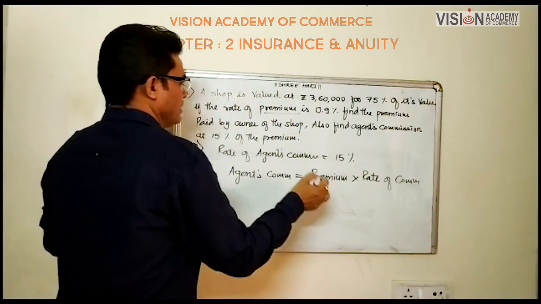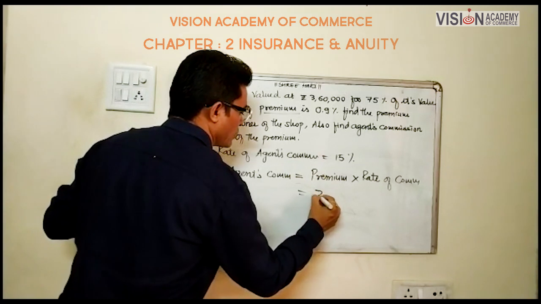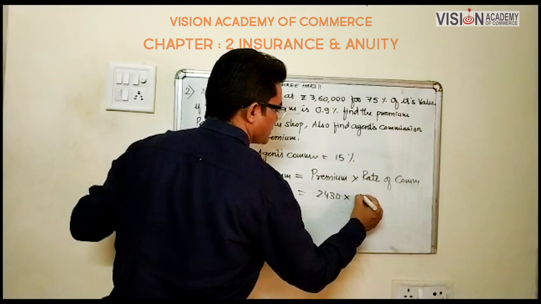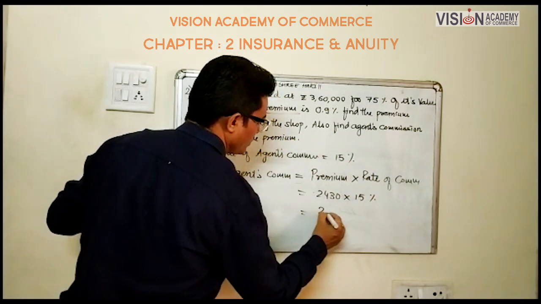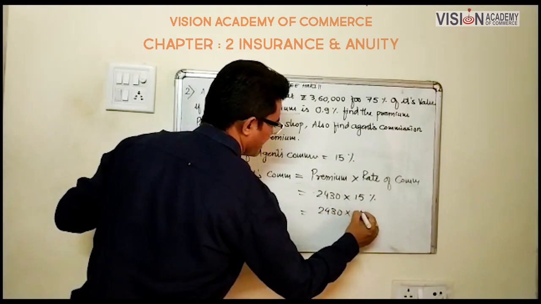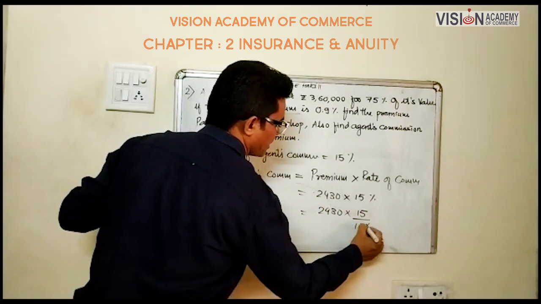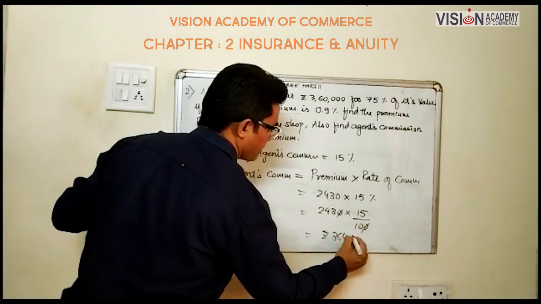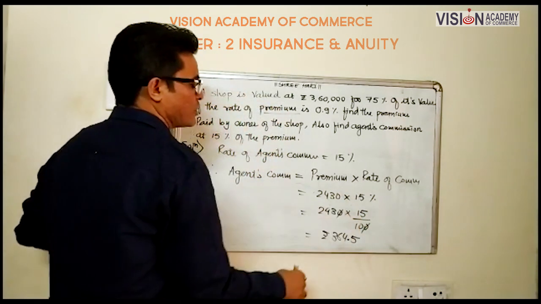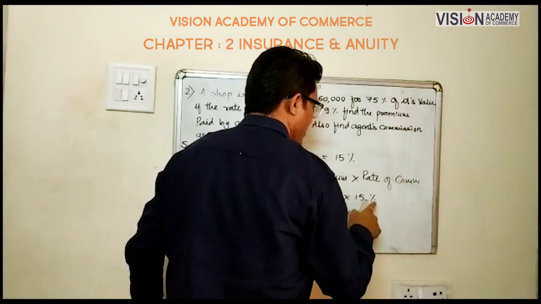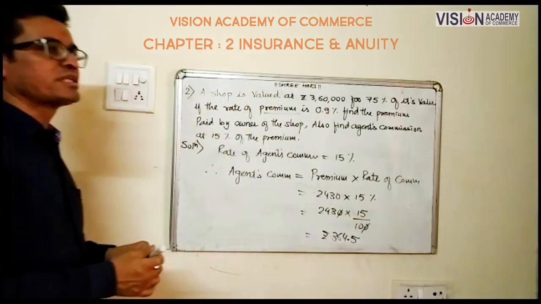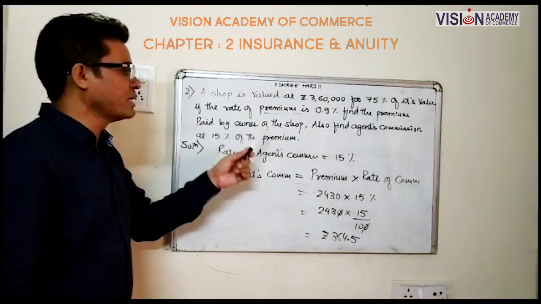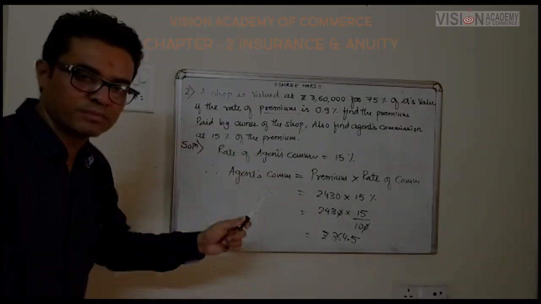Your premium is rupees 2,430 into the rate of 15%. 2,430 into 15% comes to rupees 364.5. If we calculate 243 into 15 upon 10, it comes to 364.5. So in this question we calculated premium and agent's commission both.